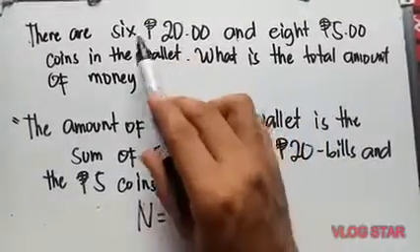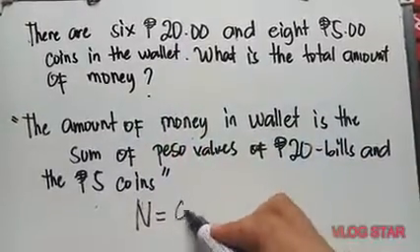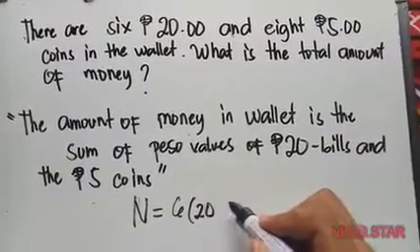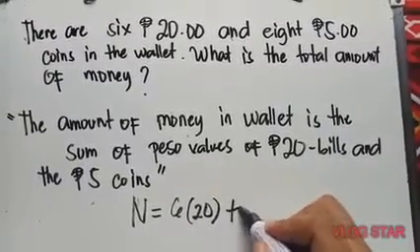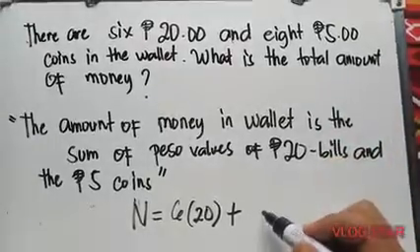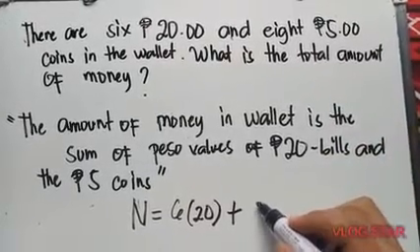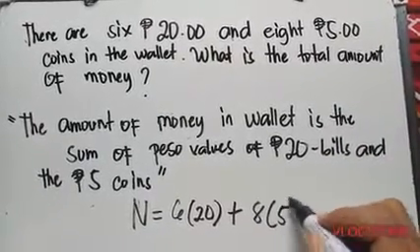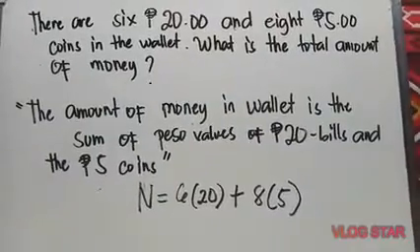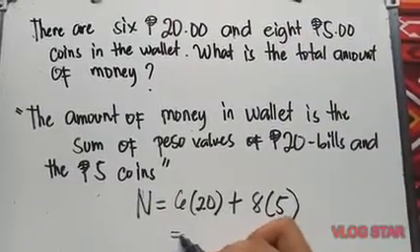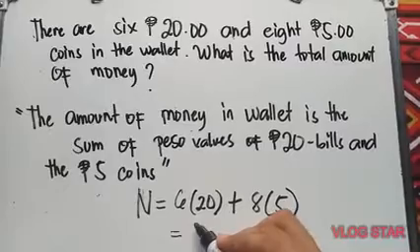And we have 6 twenty-peso bills, so 6 times 20, plus 8 times 5.